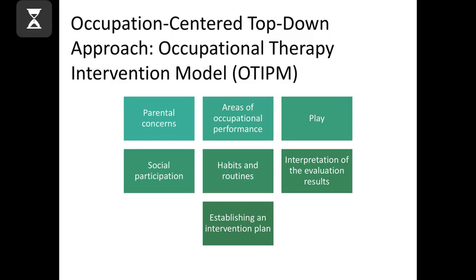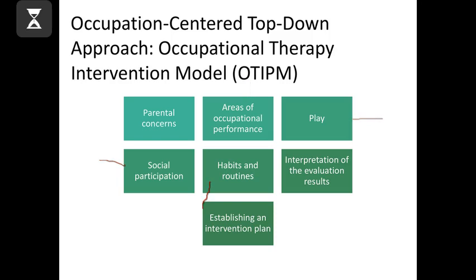Practitioners in this model or in any model are encouraged to consider the parental concerns. Why? Because they know the child best, right? Areas of occupational performance can include play, social participation. We look at their habits and routines in the top-down approach.